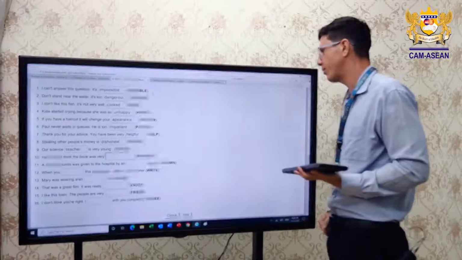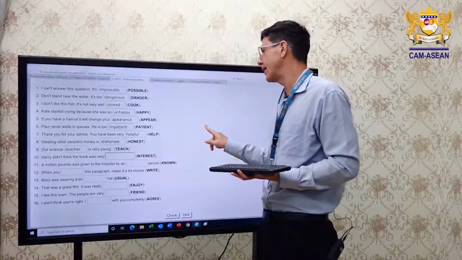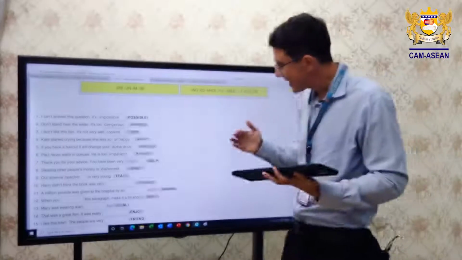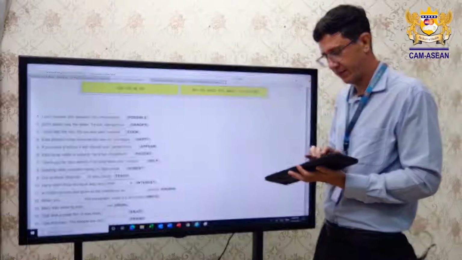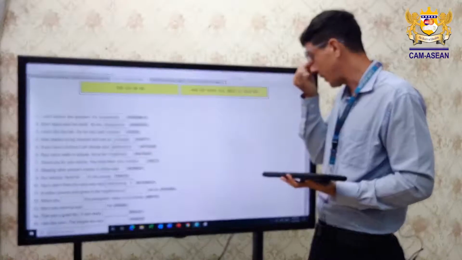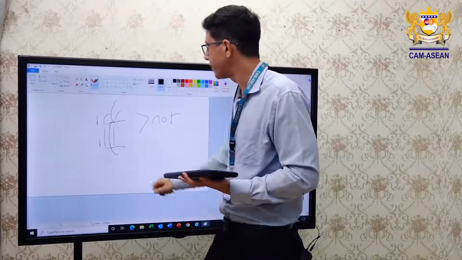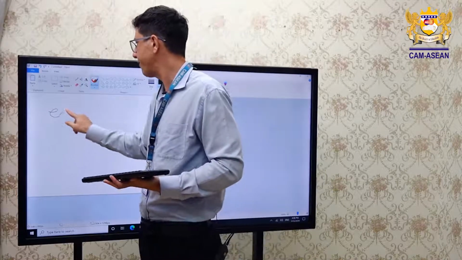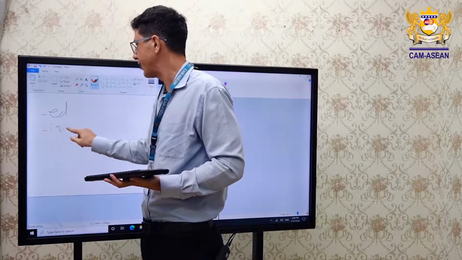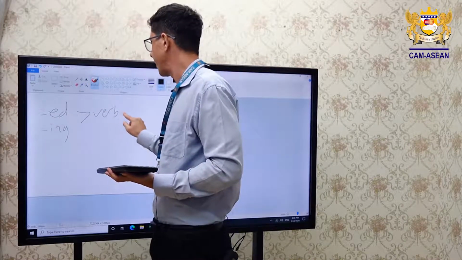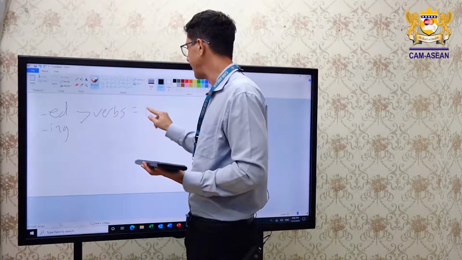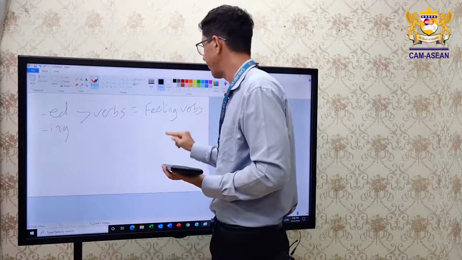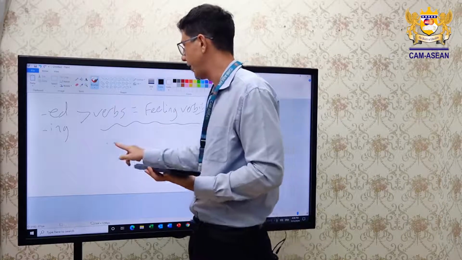Harry didn't think the book was very interestful, interested, interesting. Now, it's important. Let's talk about this really fast. Remember we said suffix ed and suffix ing are to make verbs. Now, when we use these with feeling verbs, don't forget, we have a rule, okay?